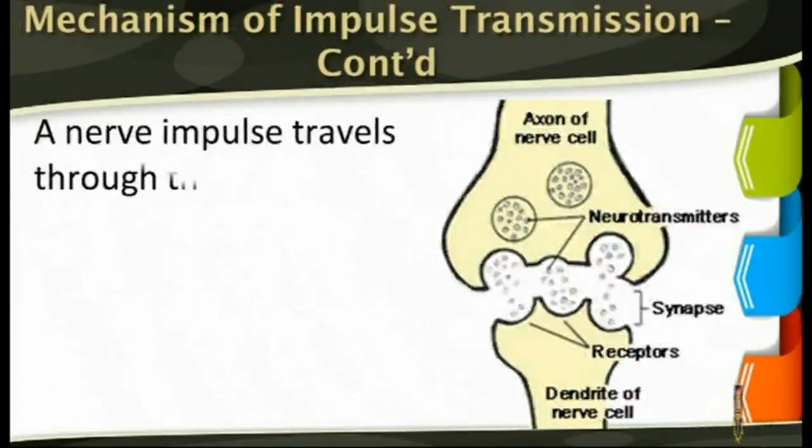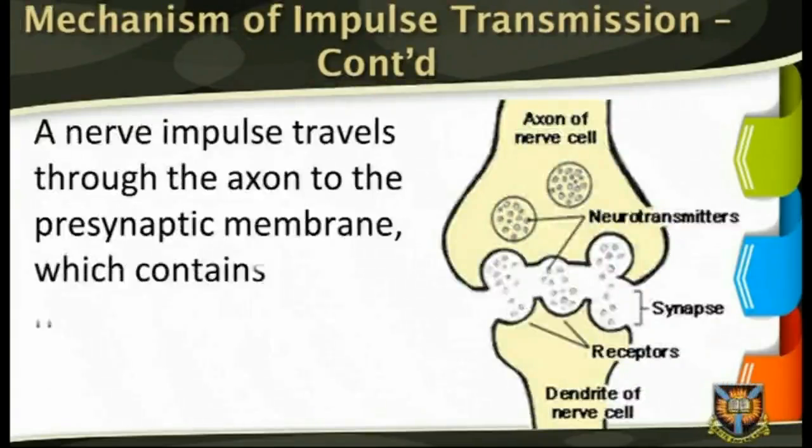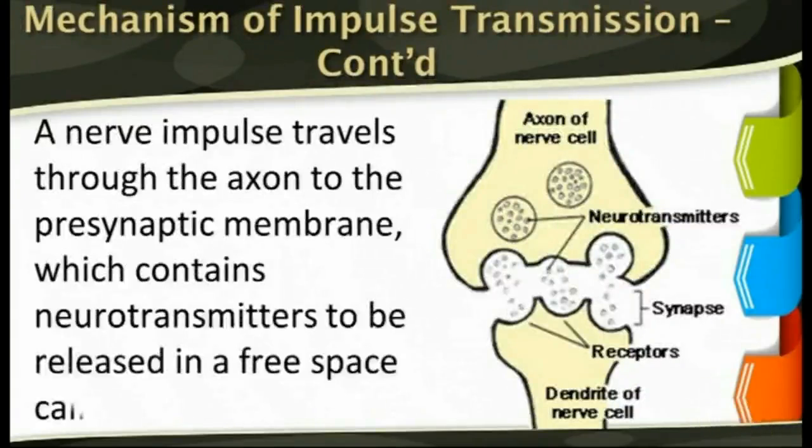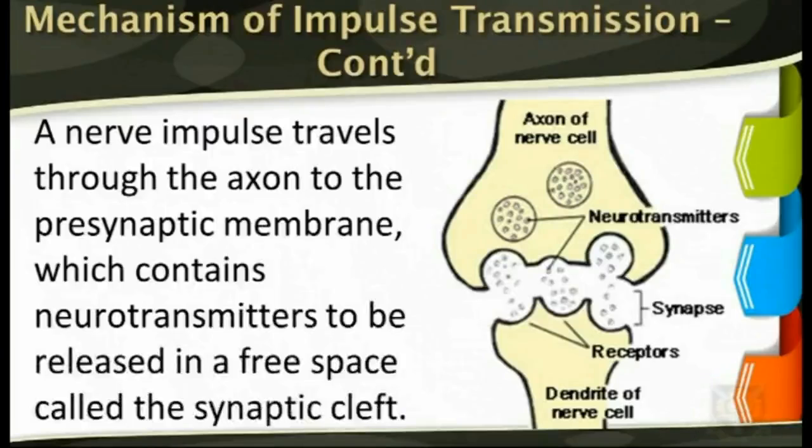A nerve impulse travels through a nerve in a long, slender structure called an axon, and it eventually reaches a structure called the presynaptic membrane, which contains neurotransmitters to be released in a free space called the synaptic cleft.